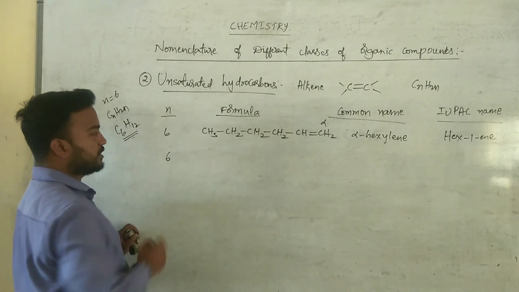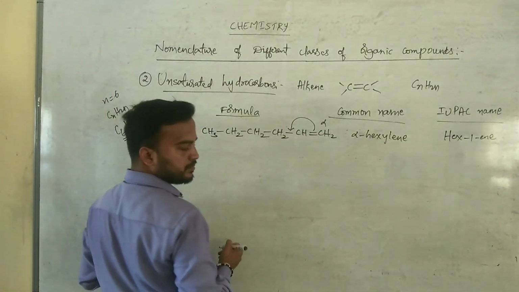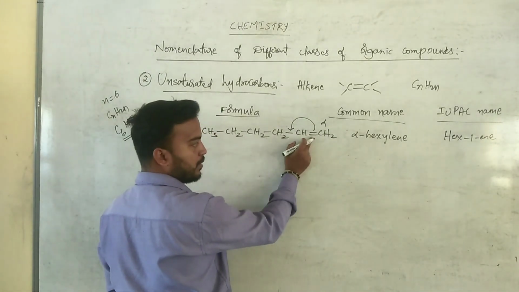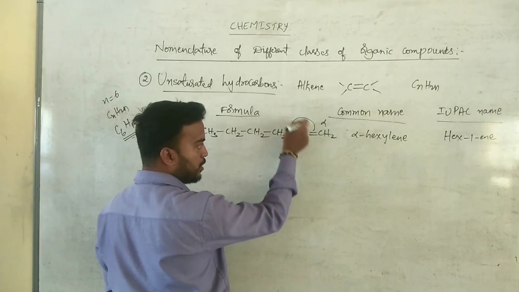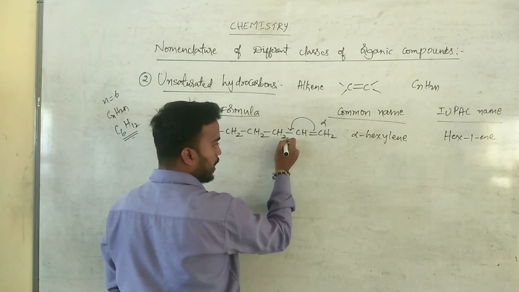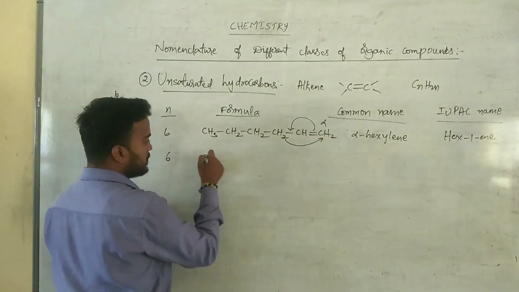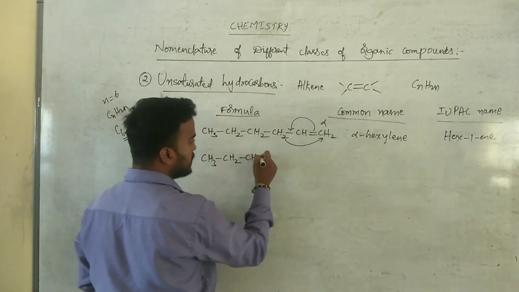Same, I will put n is equal to 6. I will shift this double bond to this carbon atom. So single bond will become double bond, double bond will become single bond. Understood? I will shift the double bond to the second carbon atom, and out of 2 hydrogens I will shift 1 hydrogen to this CH2 group. CH3, CH2, CH2.